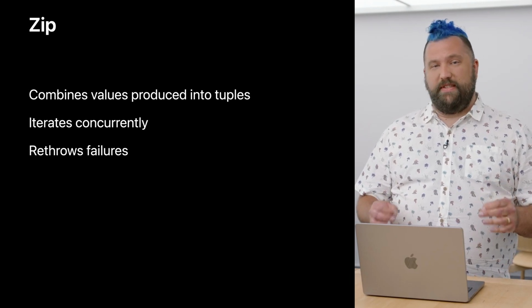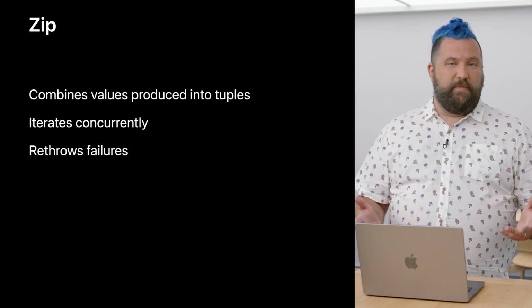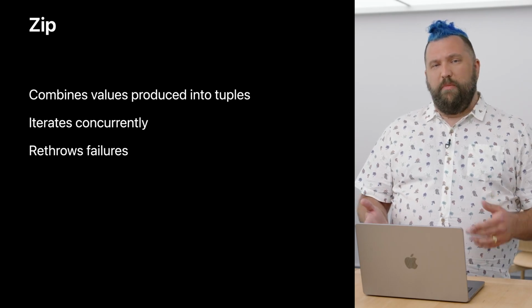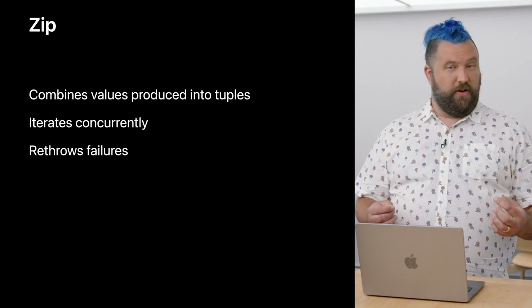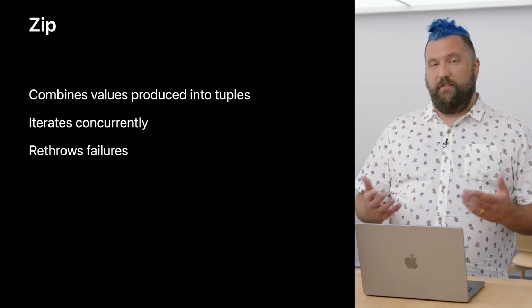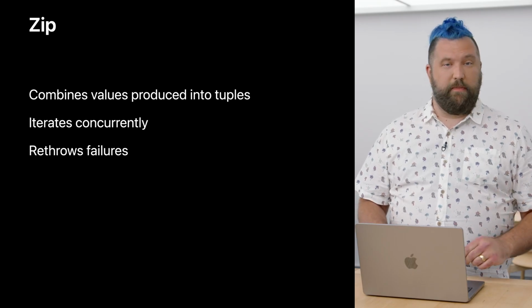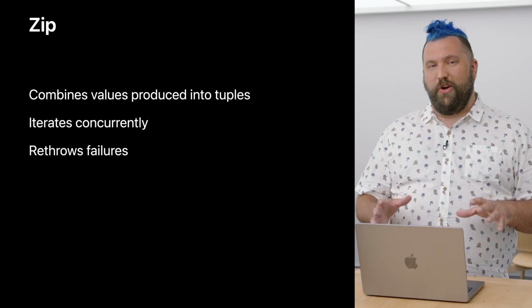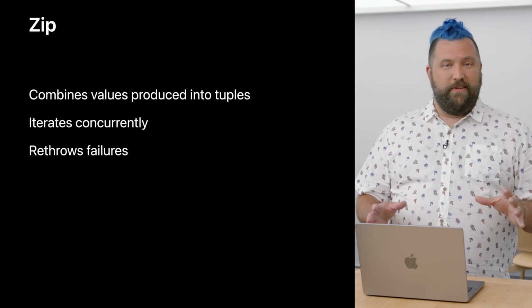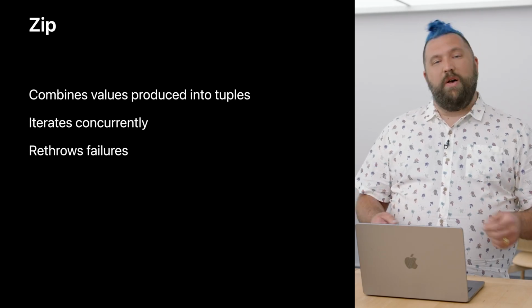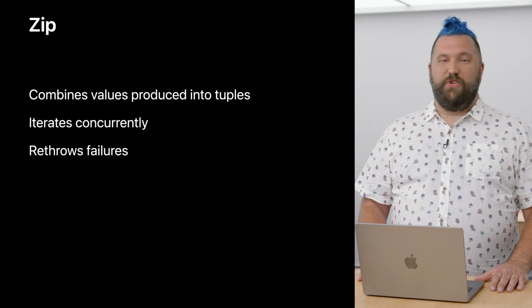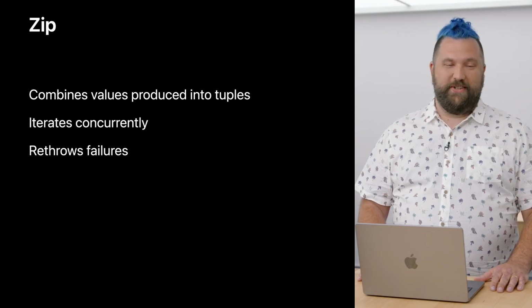The asynchronous zip algorithm works just like the zip algorithm in the standard library, but it iterates each of the bases concurrently and rethrows errors if a failure occurs on iterating any of them. Now, accomplishing that concurrent iteration with rethrowing errors can be rather involved, but the Swift Async Algorithms package took care of all of that for us in our messaging app.